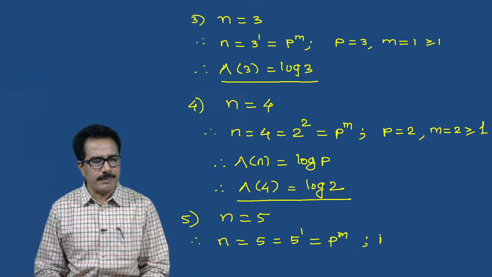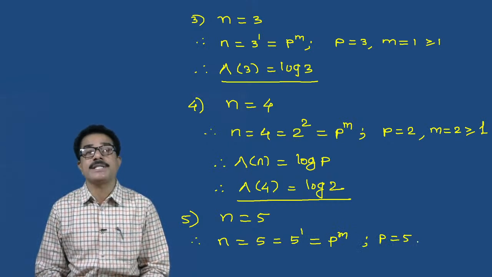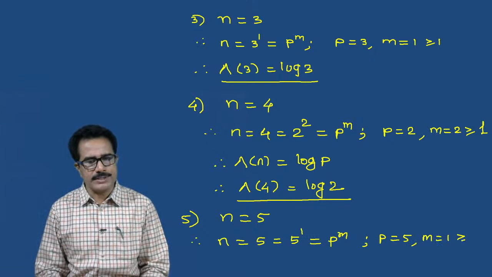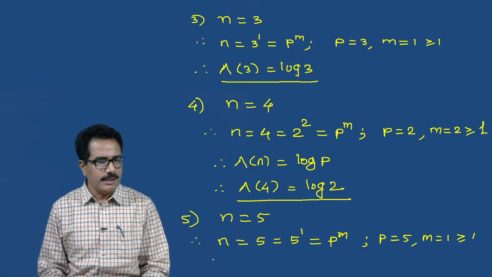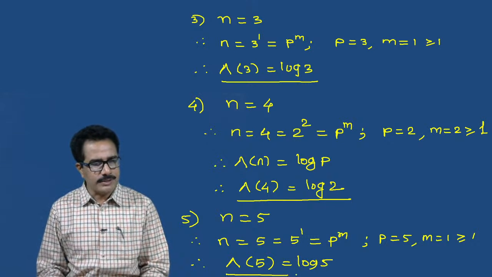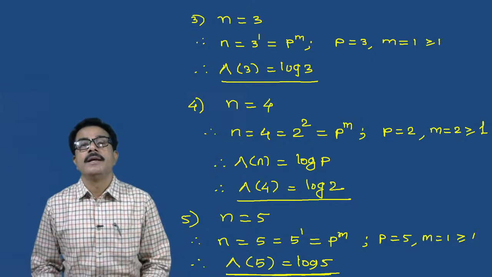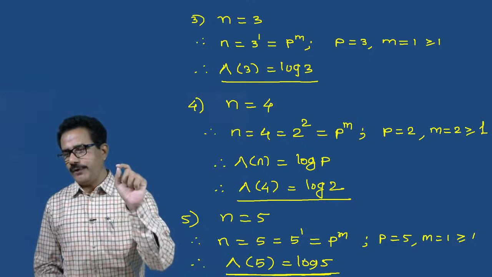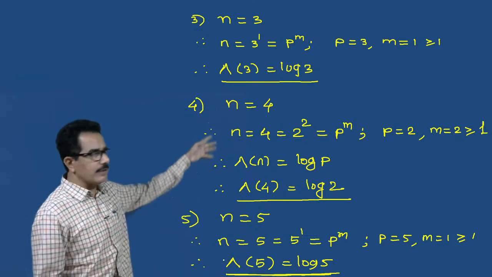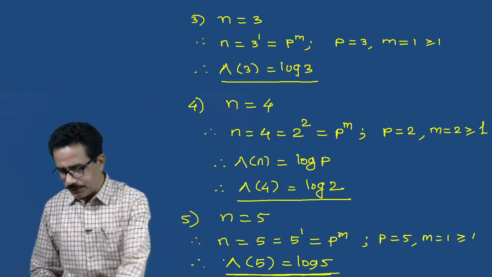That means p is equals to 5 which is a prime and m is equals to 1 which is greater than or equals to 1. Therefore we can write lambda of 5 is equals to log of 5. This is the value of Mangoldt function for n is equals to 5.